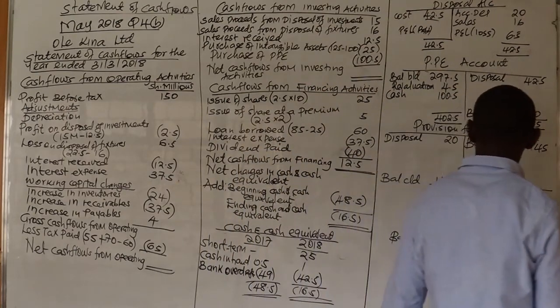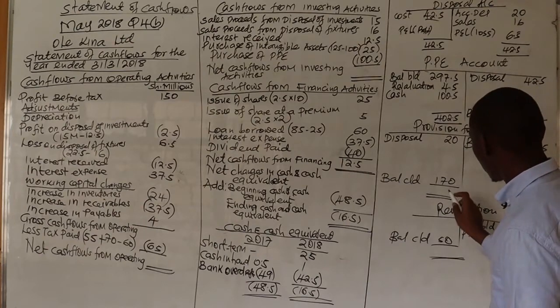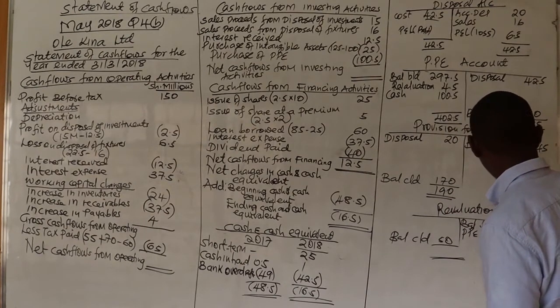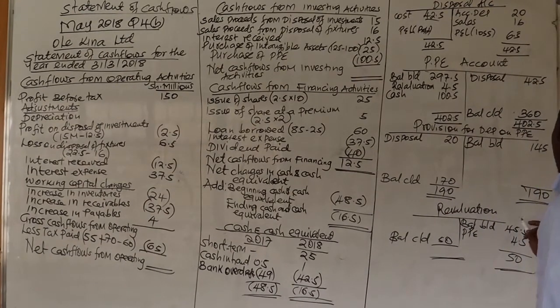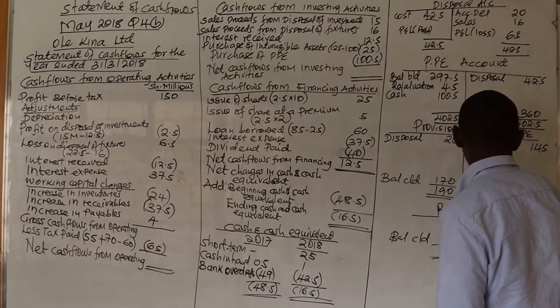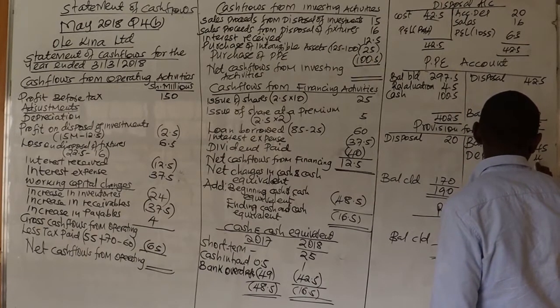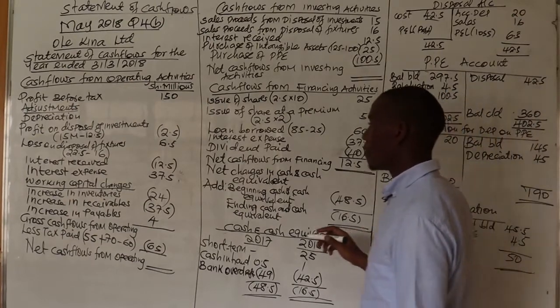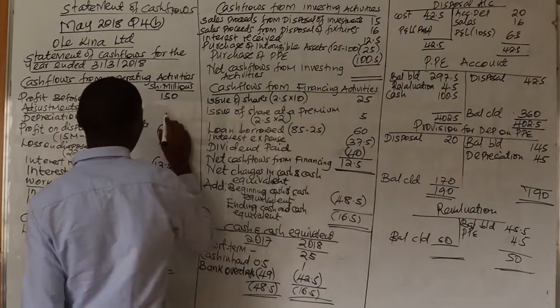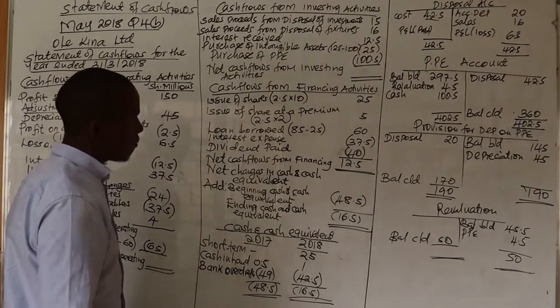Now in this case also, we balance for the provision for depreciation. This is 190. The difference again is as a result of depreciation increase, and therefore we'll be able to credit the depreciation, which is 45. And in this case, the depreciation is supposed to be added, the 45.